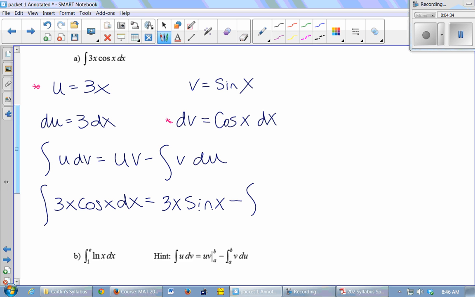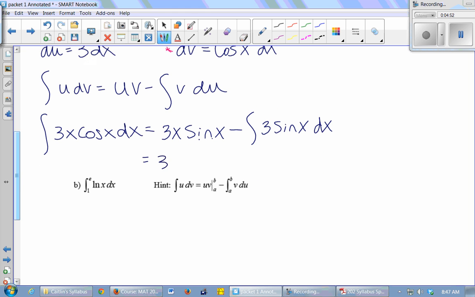So that would be sine x times 3 dx, which is 3 sine x dx. Now the integral has changed into something that I can actually do. This is just the integral of sine x. So this ends up as 3x sine x minus the antiderivative of sine, which would be negative cosine, so this is going to become plus 3 cosine x plus c.